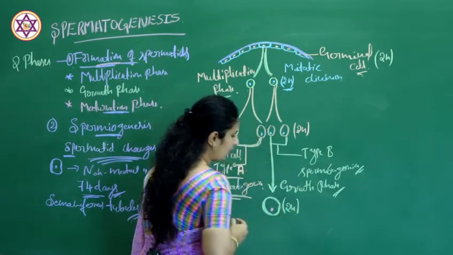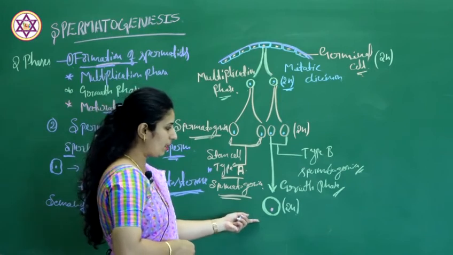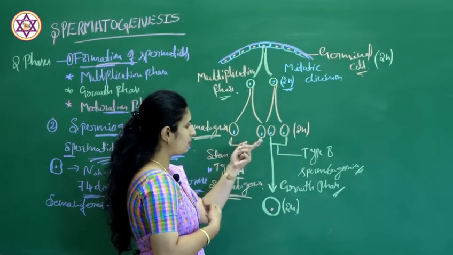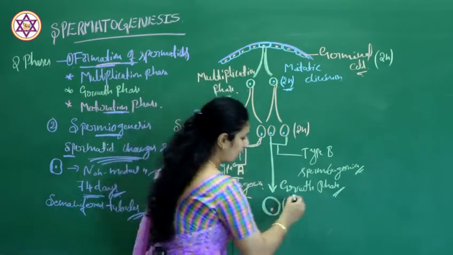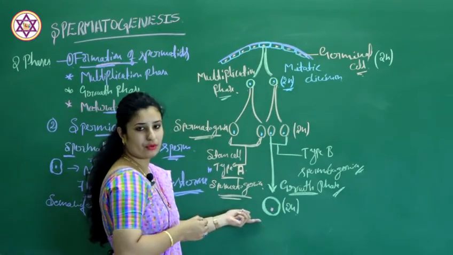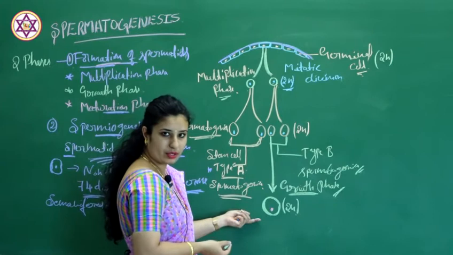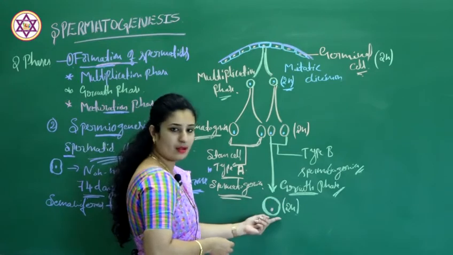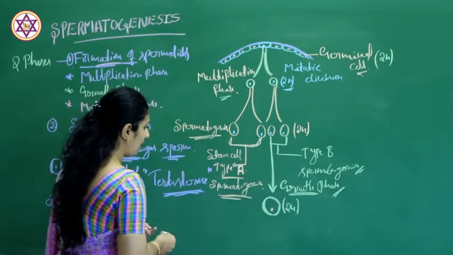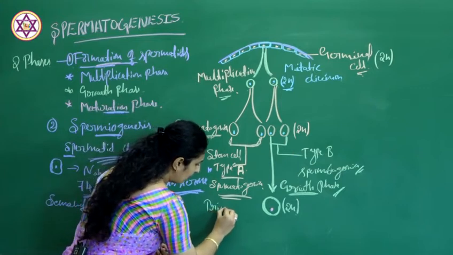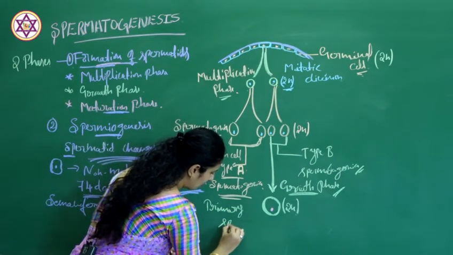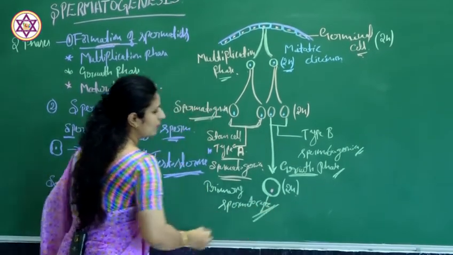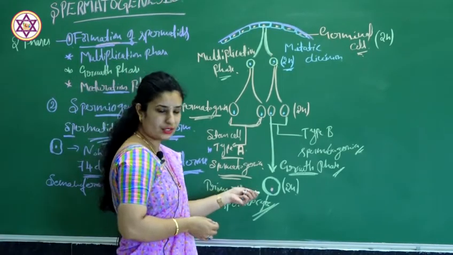This is 2n in number, diploid in nature. This particular cell is called a primary spermatocyte. Here the size is increased because of the growth.